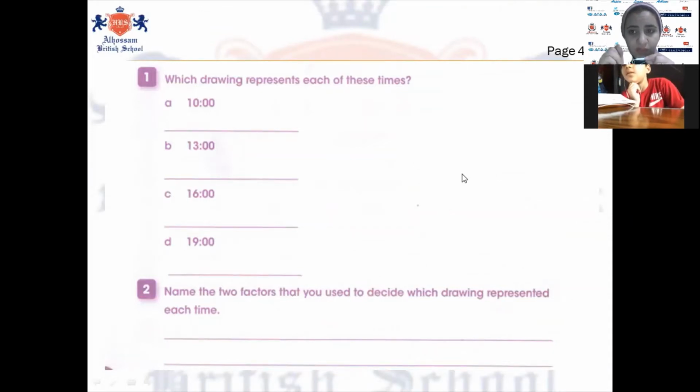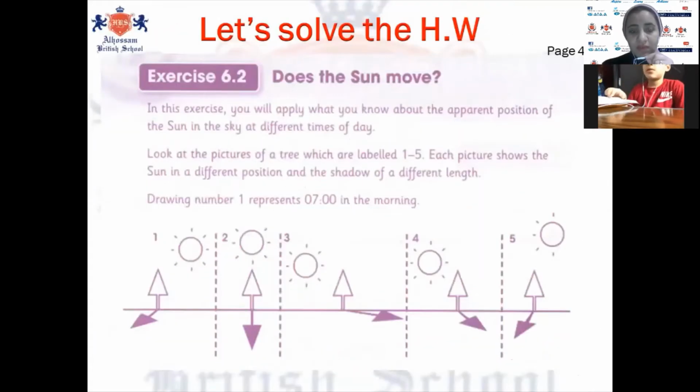That's 7. So we have 1, 4, 7. Which one is 7? Sorry, 7 p.m. Yes, 7 p.m. It's number 4.